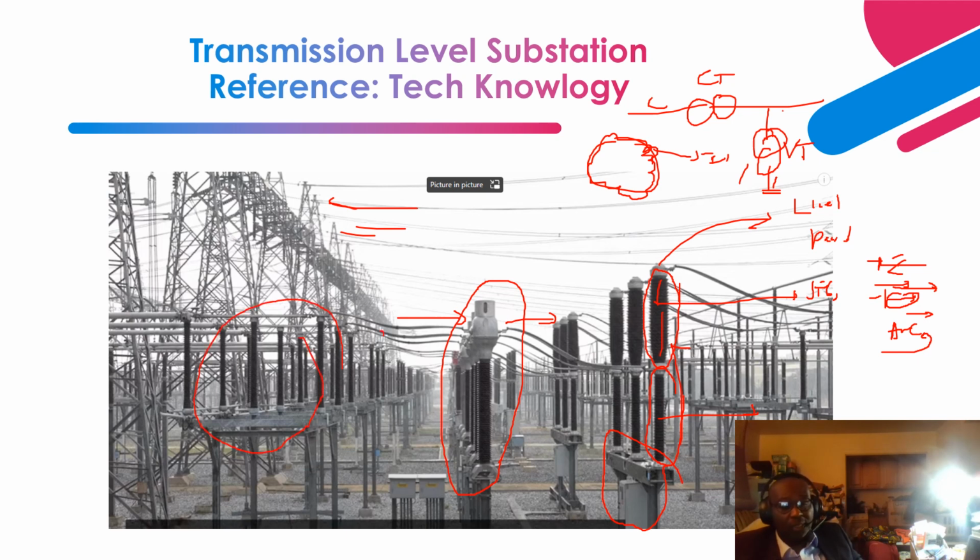Disconnect switches allow you to isolate the equipment after you have de-energized it. You need to de-energize it because this is a no-load disconnect switch. The circuit has to be de-energized and opened, for example, for maintenance to be performed on the equipment.